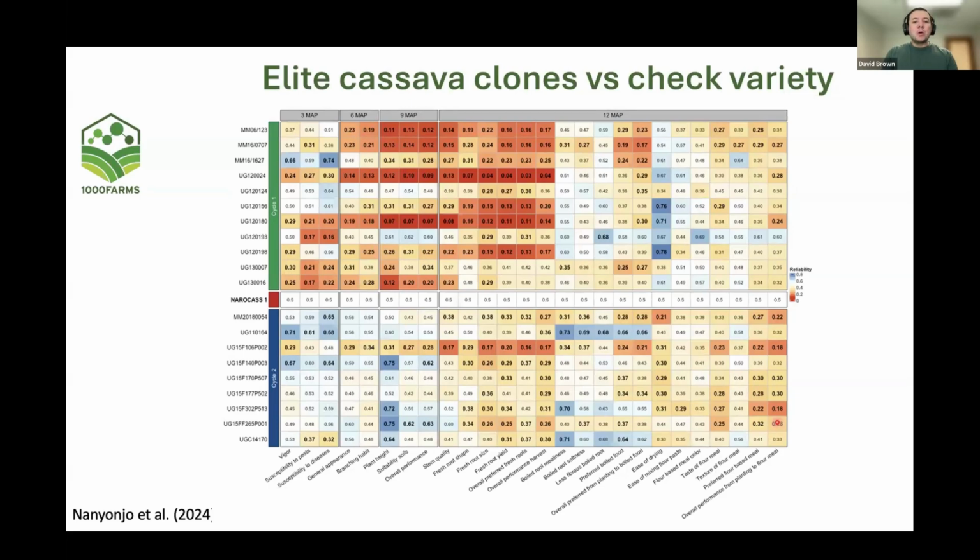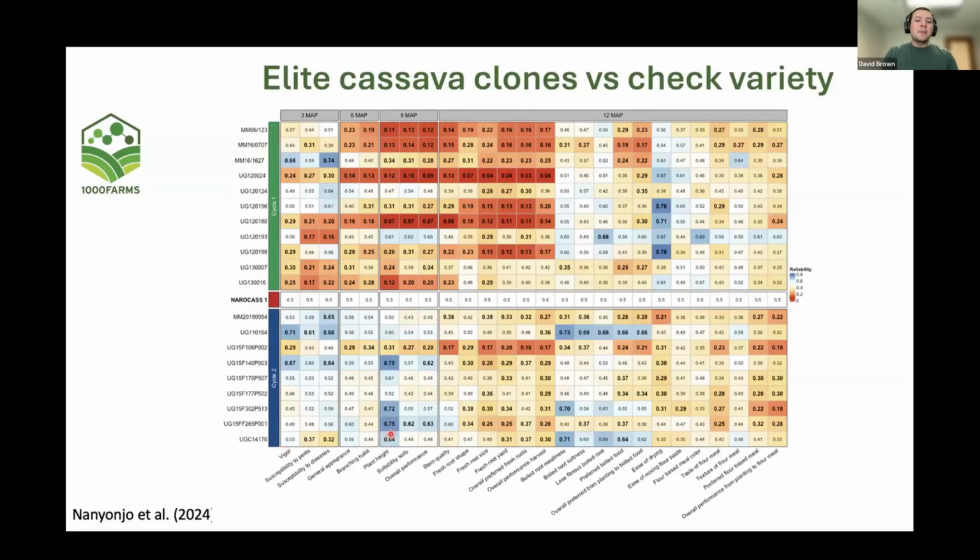large heat map, and what you see in the numbers are computations of reliability, and reliability is the probability for a variety to outperform the check variety. So here we have the check variety in the middle, cycle 1 in the upper panel, and cycle 2 varieties in the lower panel.